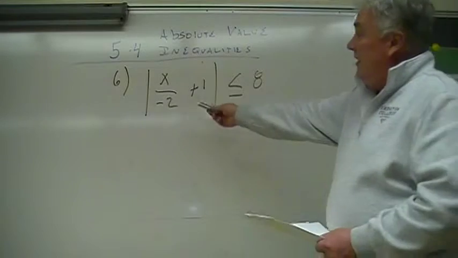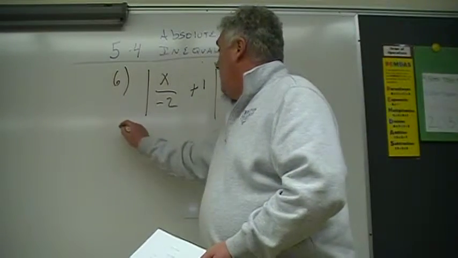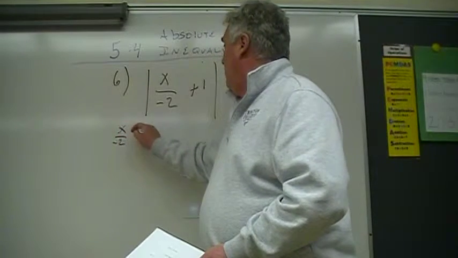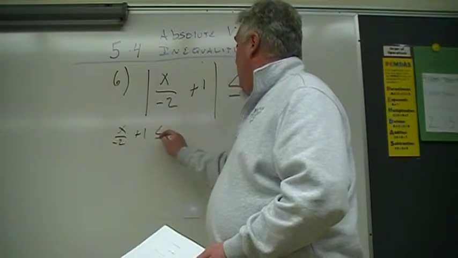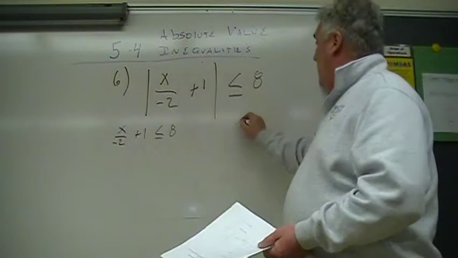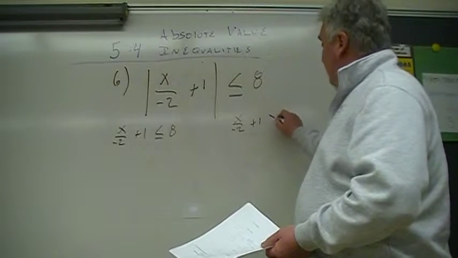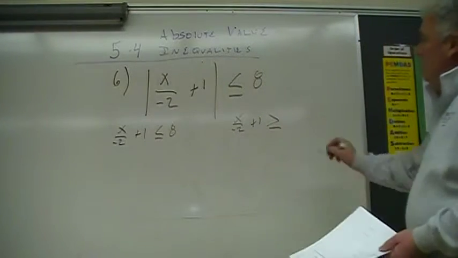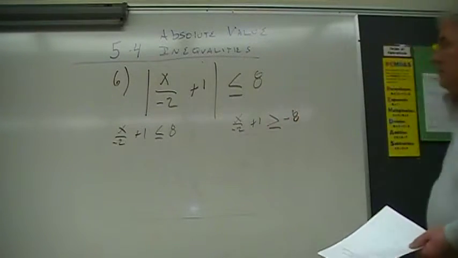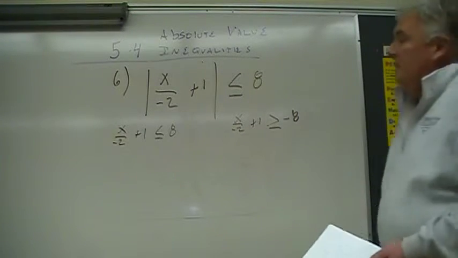Don't get intimidated by the divided bys here. We know what to do in those situations. x over negative 2 plus 1 is less than or equal to 8. Rewrite the problem. x over negative 2 plus 1 is greater than or equal to negative 8. Change the sign, right?